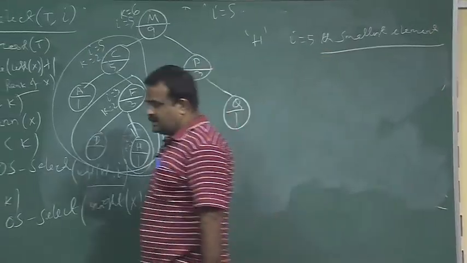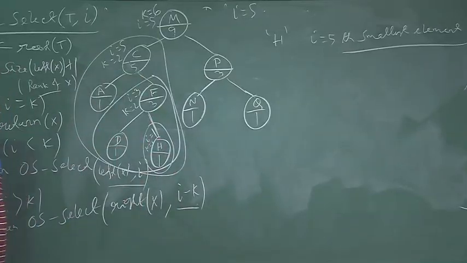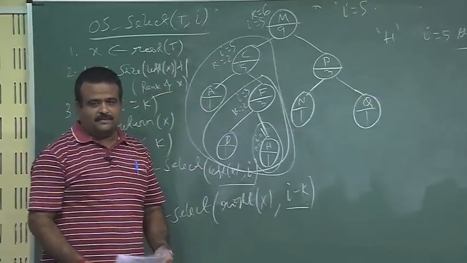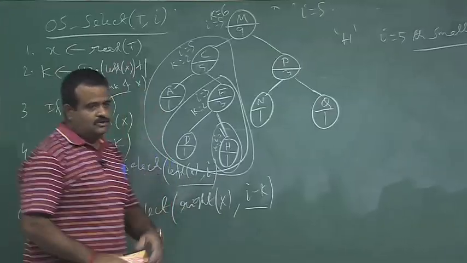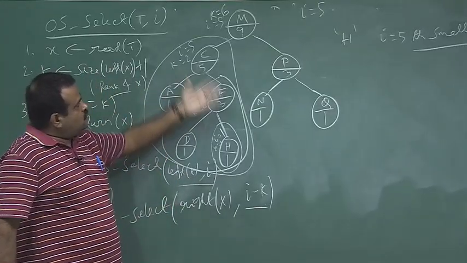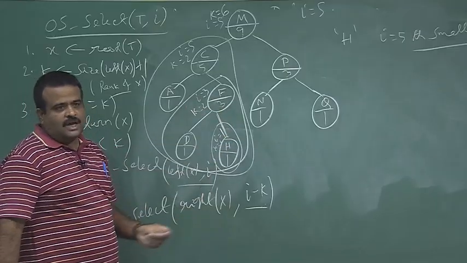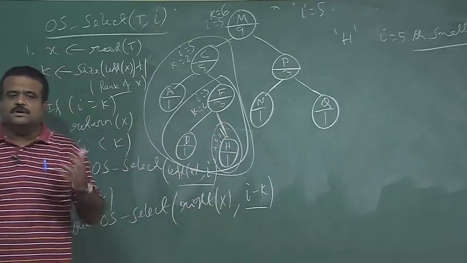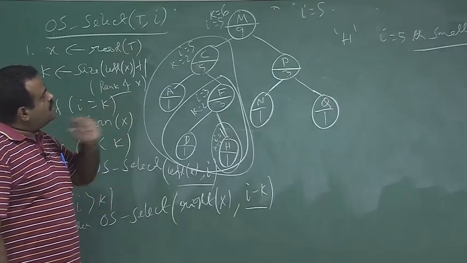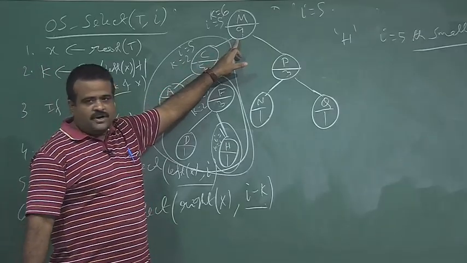Okay. So, now this is the OS select. Now, this set is dynamic. That means any node can be joined at any point of time and any node can be deleted. So, while joining the node, we need to follow the insert algorithm for red black tree insert. Okay. So, this is an augmenting of the red black tree.